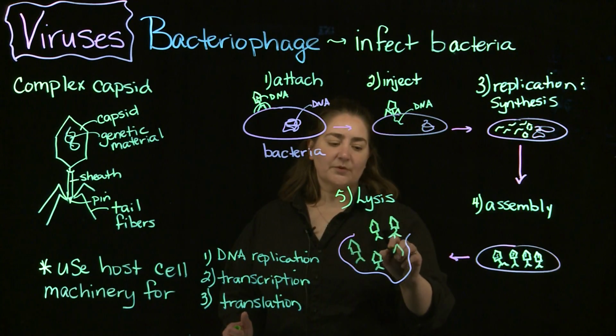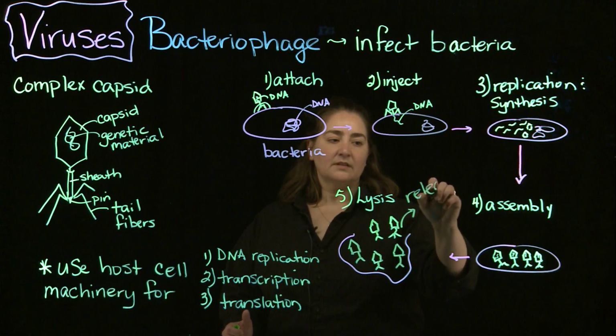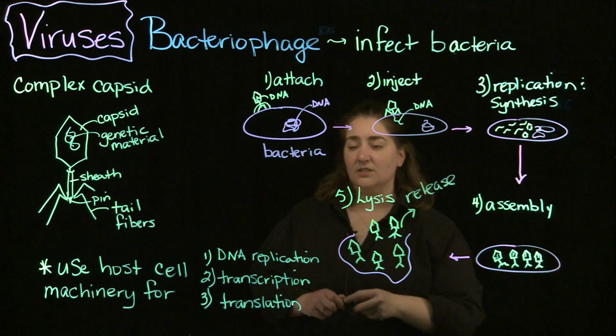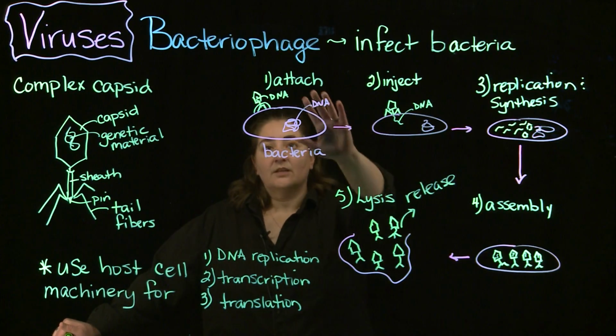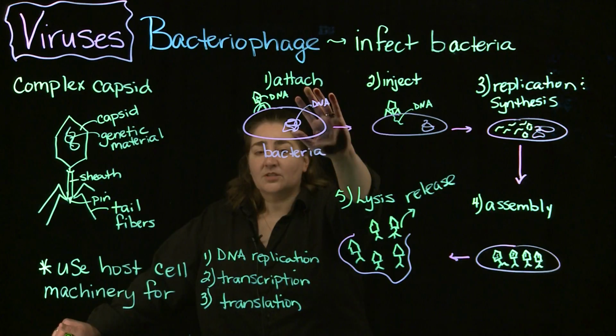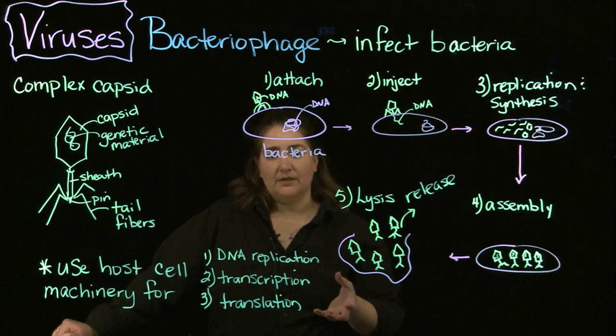So it's going to burst open and release the viral particles into the environment. If there's bacteria nearby, those bacteriophage can attach to that healthy bacteria. That same process can happen again.